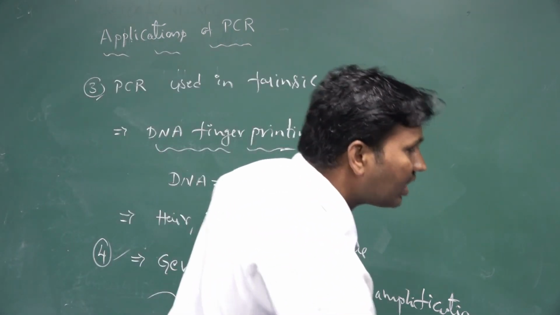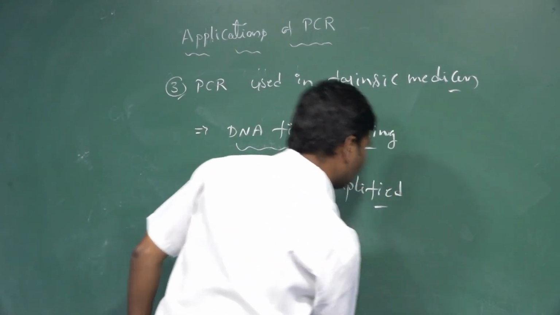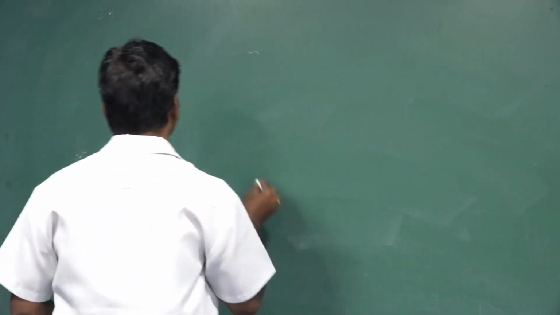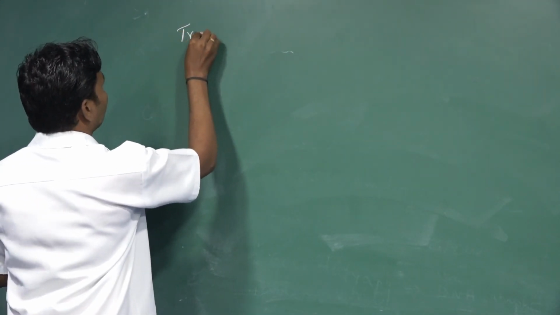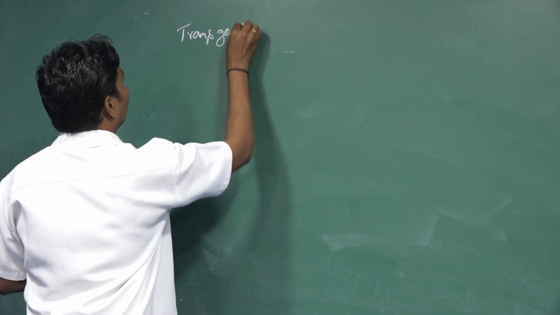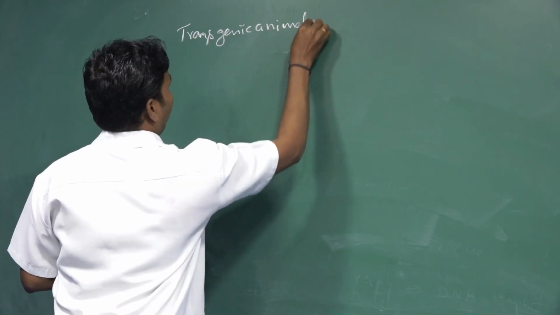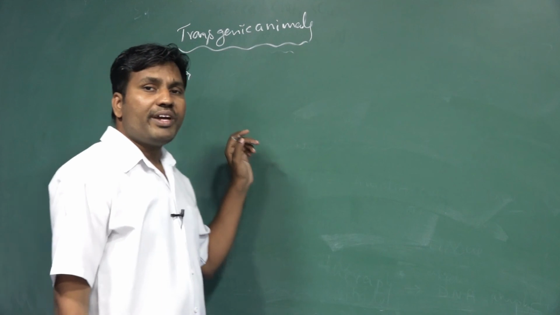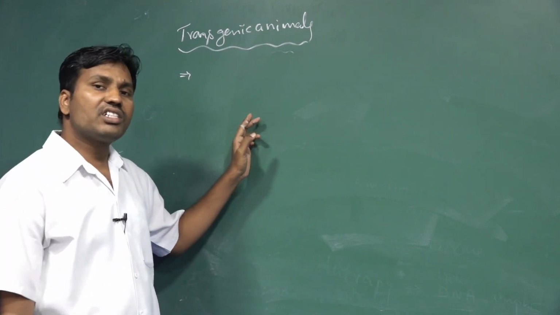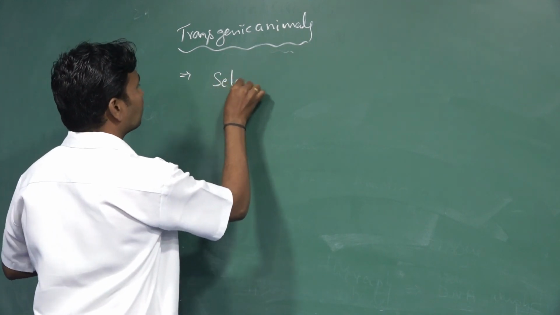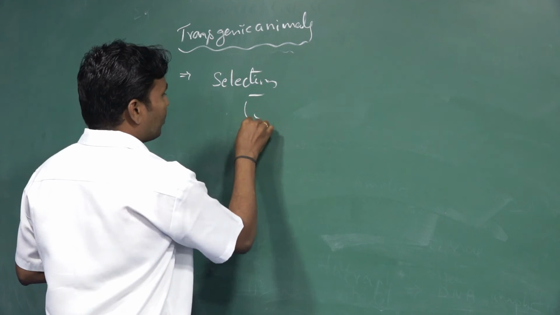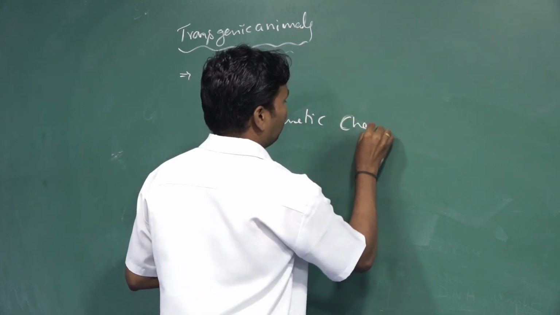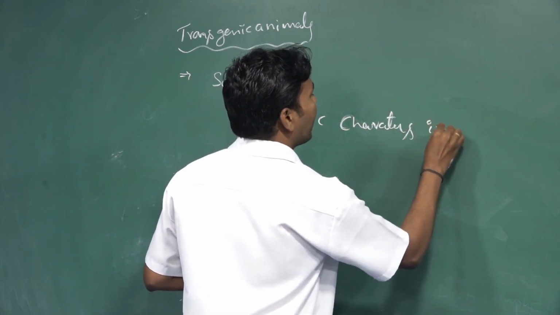Next we are taking transgenic animals. Earlier, for the improvement of the genetic characters in organisms, the conventional method followed was selection, to improve the genetic characters in animals.